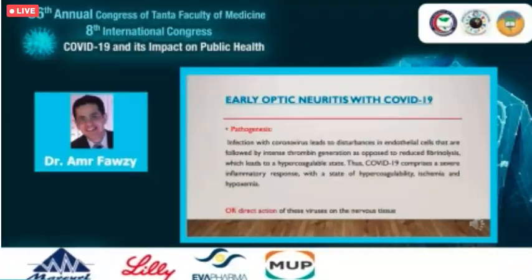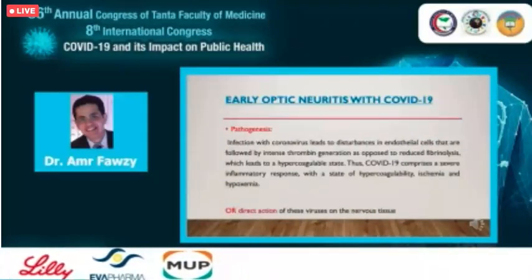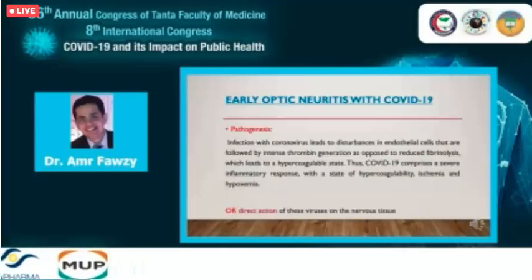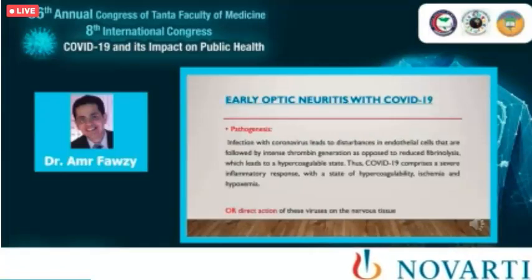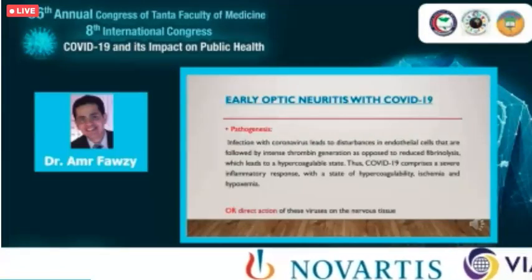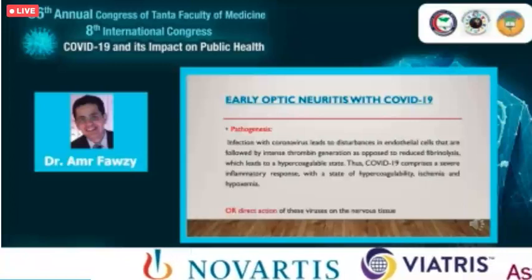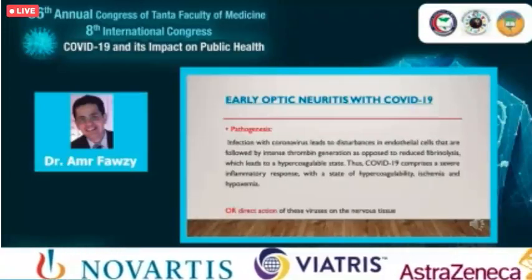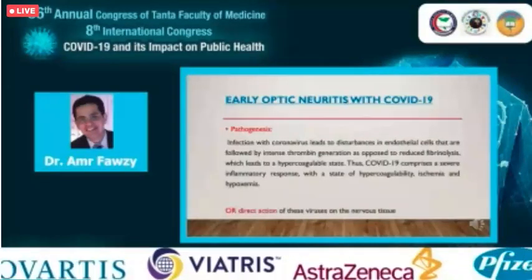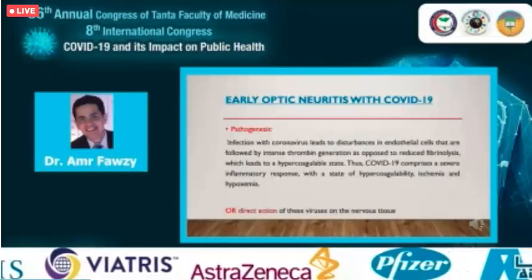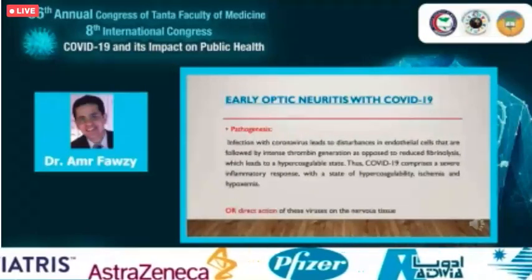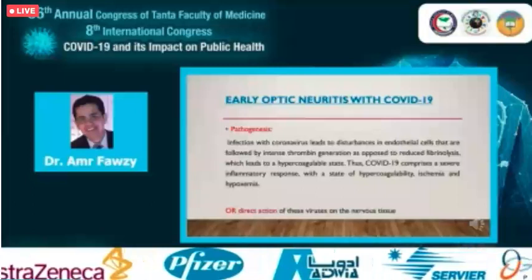Thus, COVID-19 comprises a severe inflammatory response with a state of hypercoagulability, ischemia, and hypoxemia. This is the first possibility for the early optic neuritis with COVID-19, or direct action of these viruses on the nervous tissue of the optic nerve.